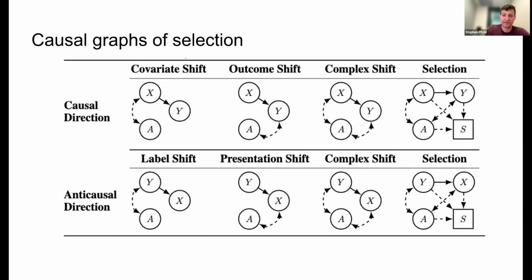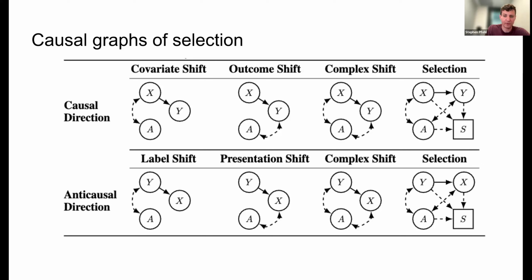For example, if we have just one arrow coming from A into S, it would be a mechanism where different groups enter into the data set at different rates, but this process would depend only on group membership and no other variables. In that setting, it would actually be appropriate to think of each subgroup as representative of that subgroup, even if the overall population is not the same distribution as the target population.